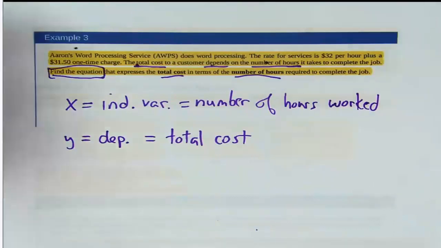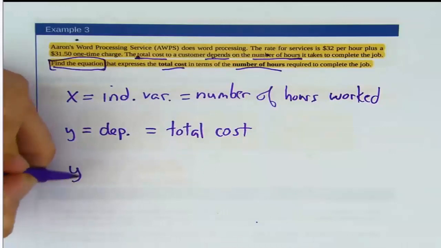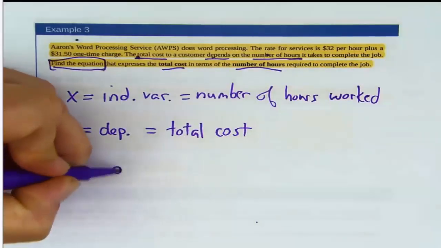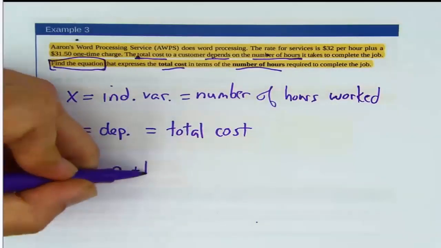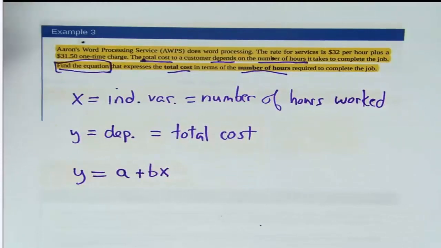So we're looking to find an equation of this form: y equals some number a plus bx. And so if we have the numbers a and b, we're done. We've got the equation that we need.